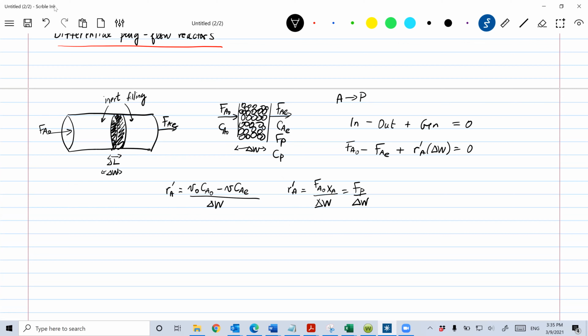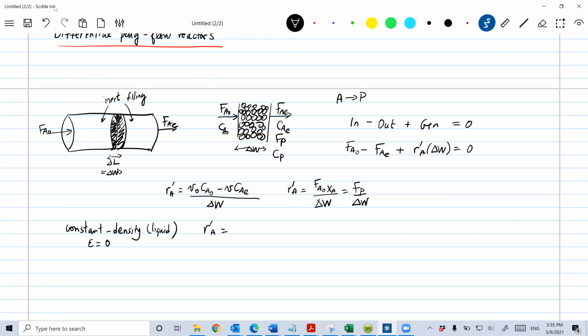And then if you have a constant volume or constant density, as in liquid, or the expansion factor is 0, V is equal to V naught.